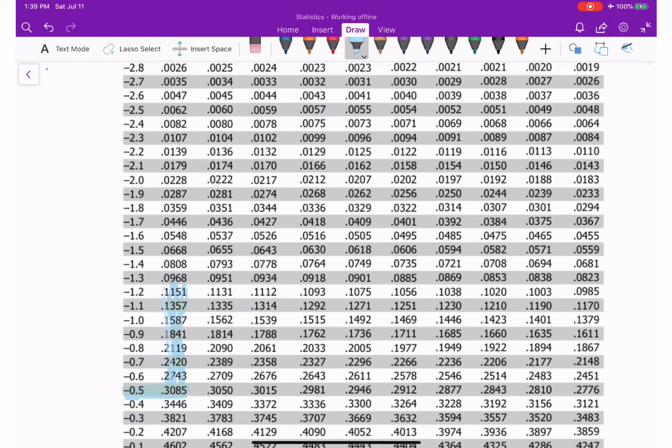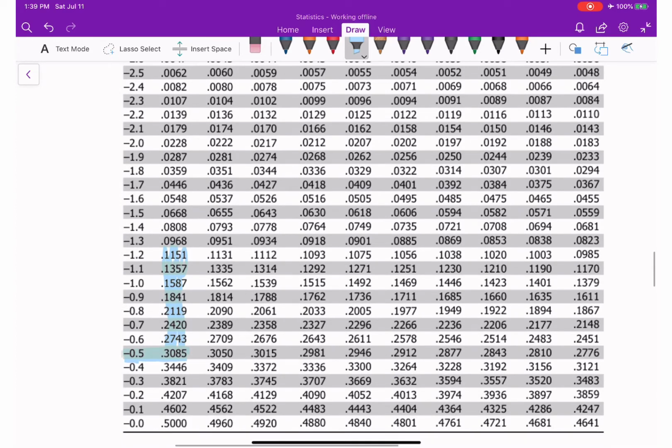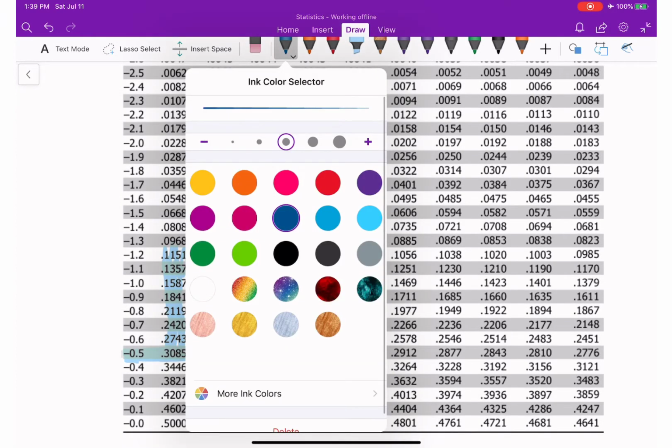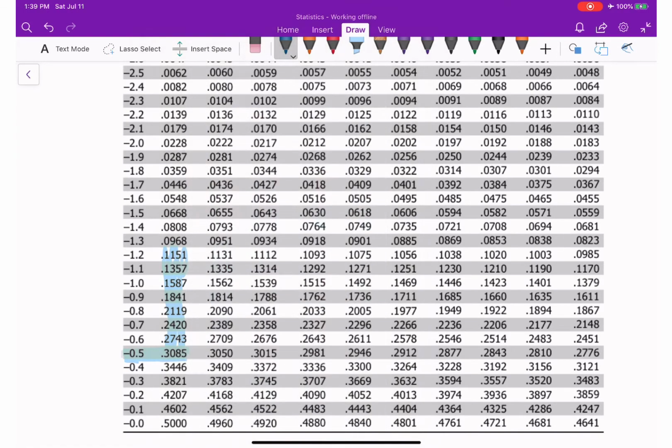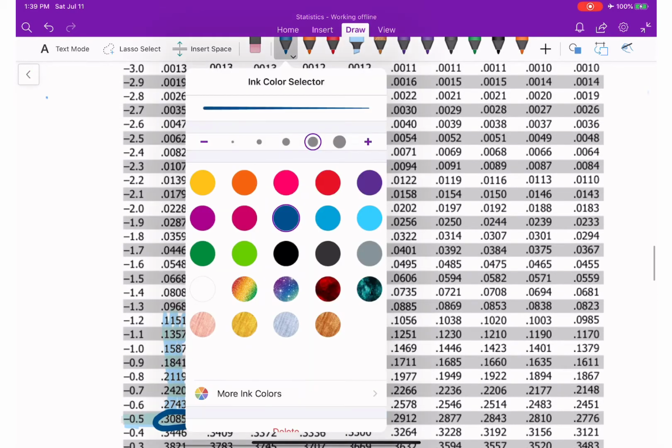And this is going to be 0.3085. When you have only one decimal instead of two, you just add 0, so it will be 0.3085.